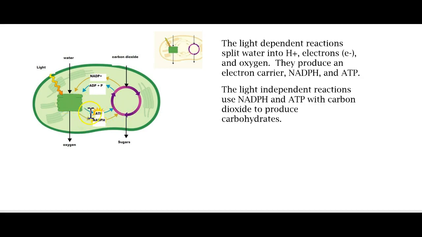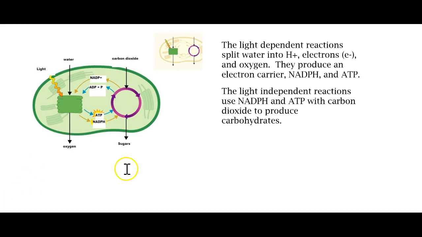In the process, a little bit of ATP is going to be made, and that ATP is going to be carried into the light-independent reactions. As a byproduct, we're going to get oxygen, and oxygen is going to leave the cycle of reactions. Okay, so that's what happens within the thylakoids.